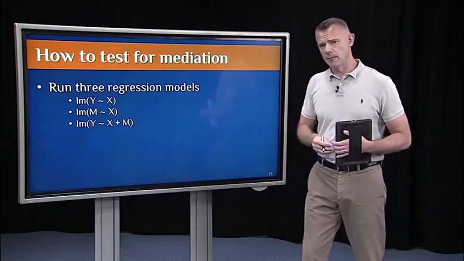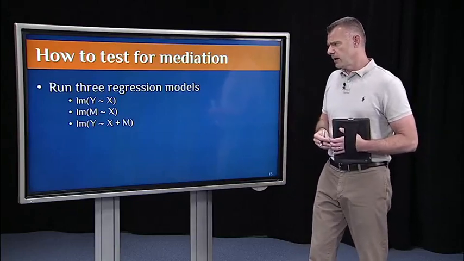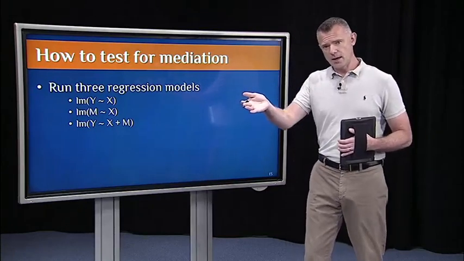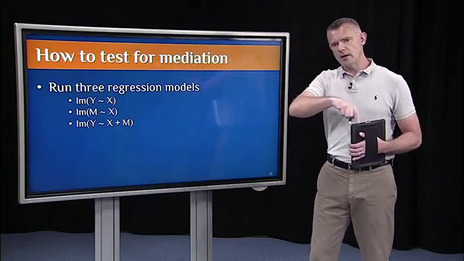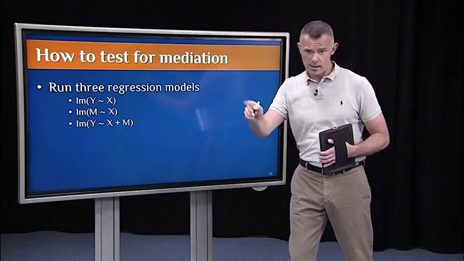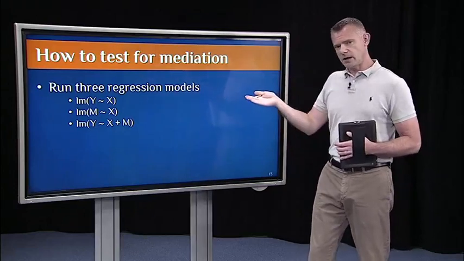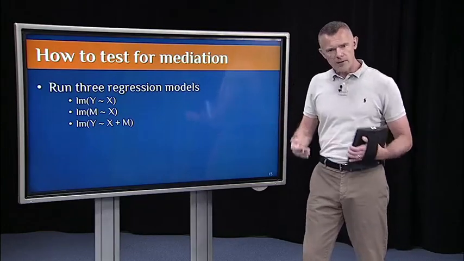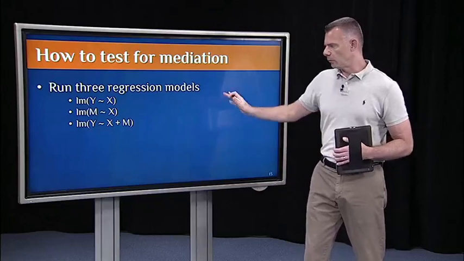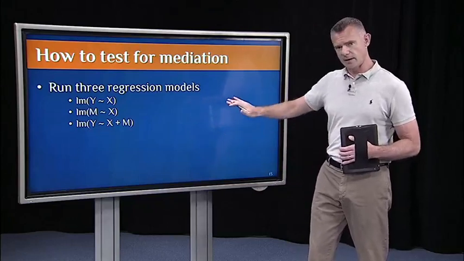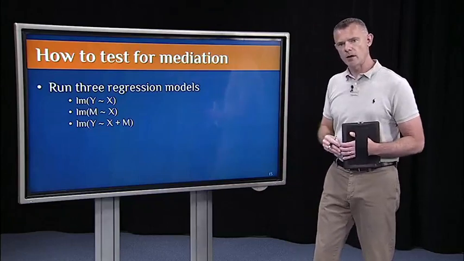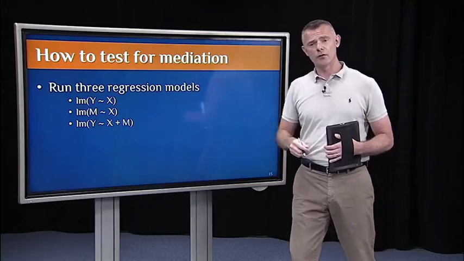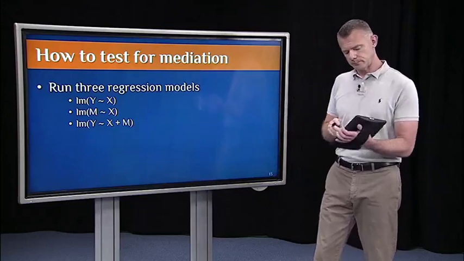The next model we'll run is predicting the mediator from x. So again, think of the causal chain from x to m to y. There has to be a relationship between m and x. Then finally, what we'll do is we'll put both predictors in the equation, x and m, predicting the outcome y, and we'll see what happens to the regression coefficient associated with x.